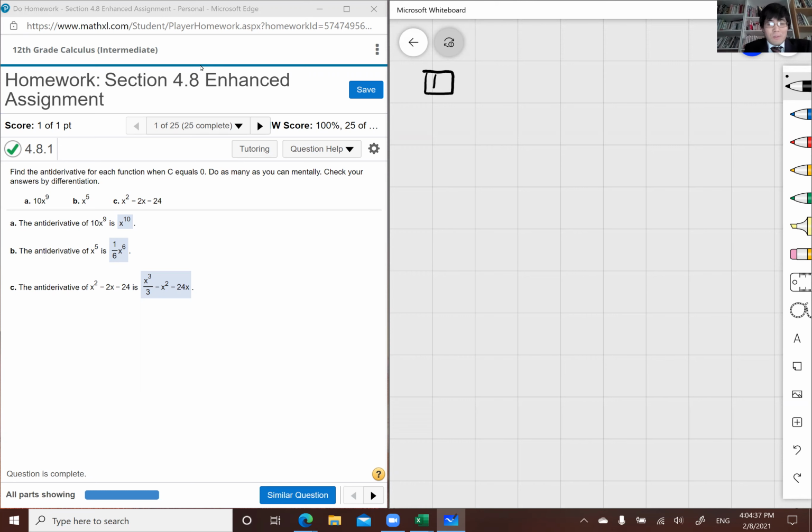Okay, so to find the antiderivative of 10x to the power of 9, use the power rule in the opposite, reversed way. So it's going to be x to the 10th. The power is raised by 1.